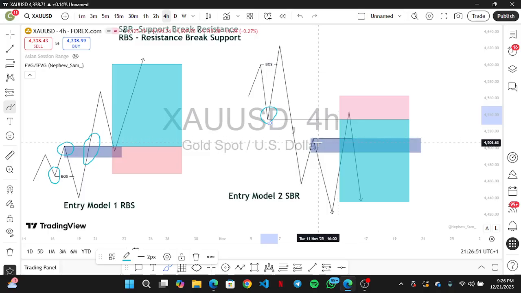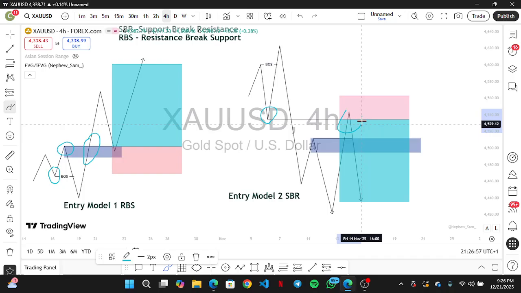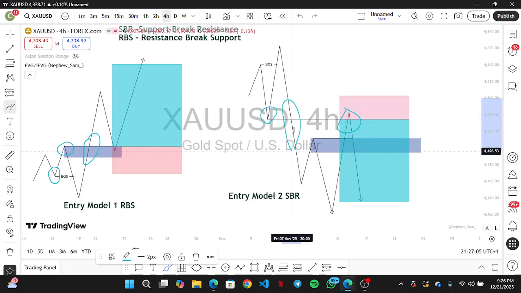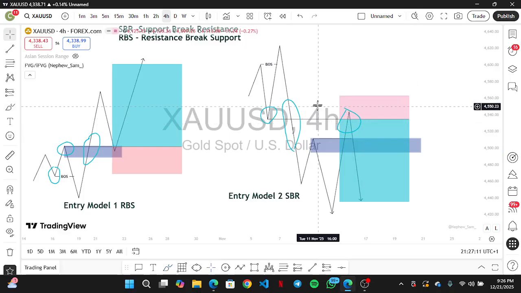So some people will be looking to sell from here, and then price will come in here, take this, and become a resistance level. So support, break, this straight line over here is the break, and that support becomes resistance, becomes an SBR.